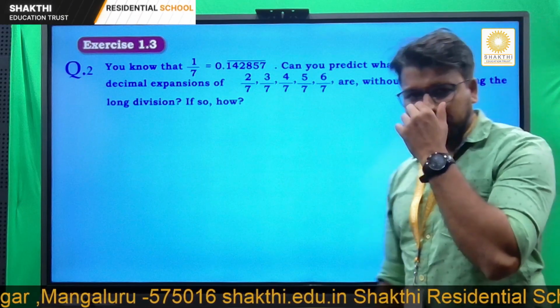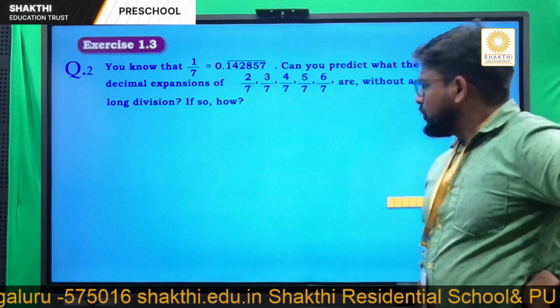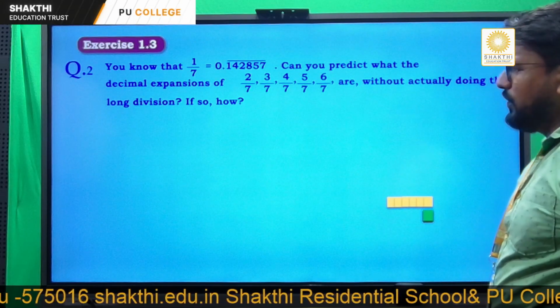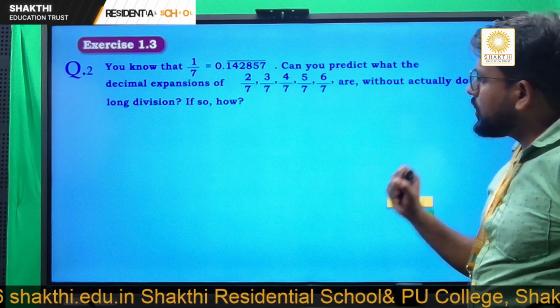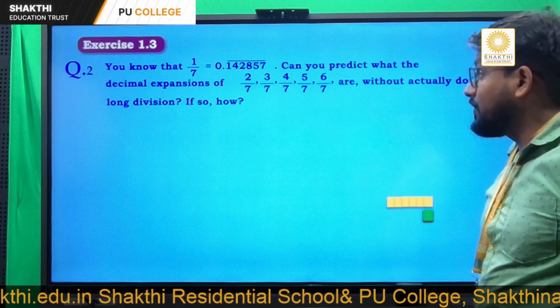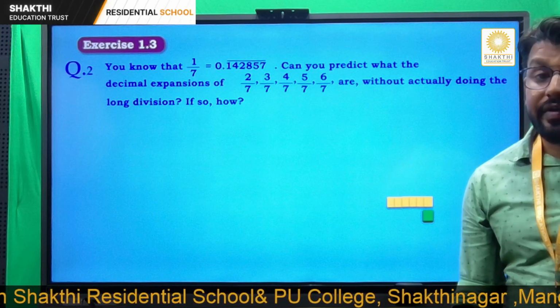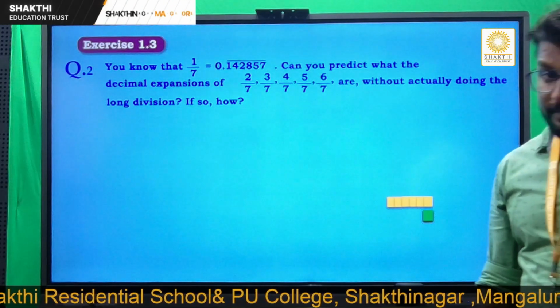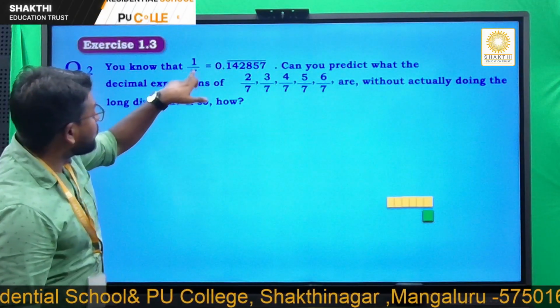Oh, it looks like a lengthy question, but we'll try to decode it properly. What do we know? You know that 1 by 7 is equal to 0.142857. That's a pretty big recurring decimal, isn't it? So, you know that 1 by 7 is this.